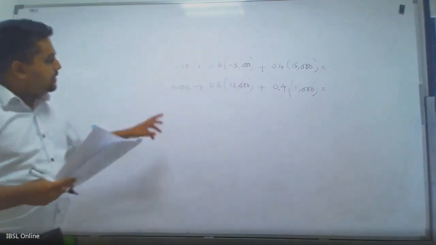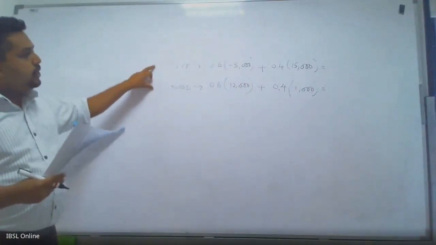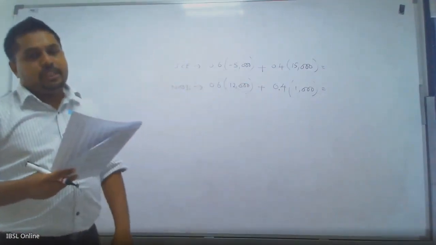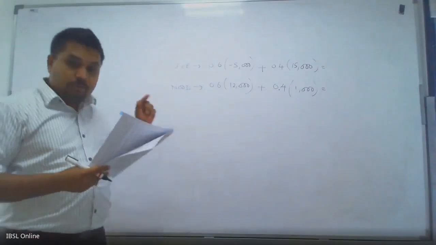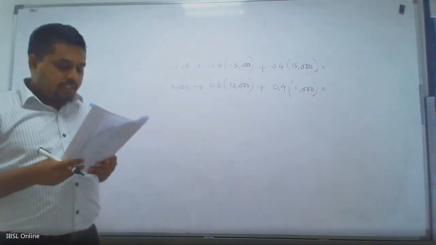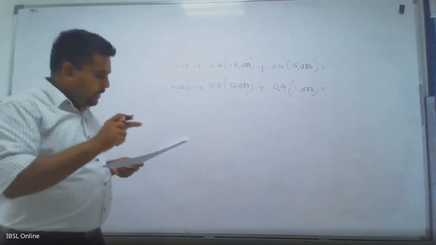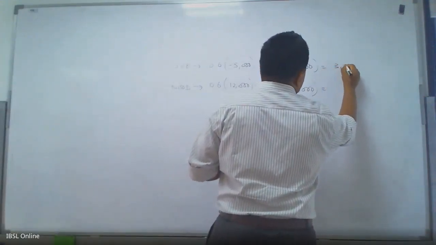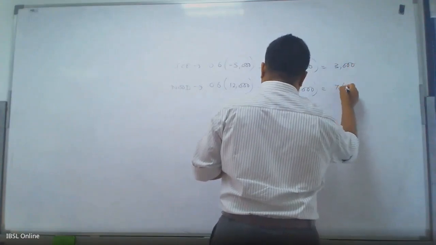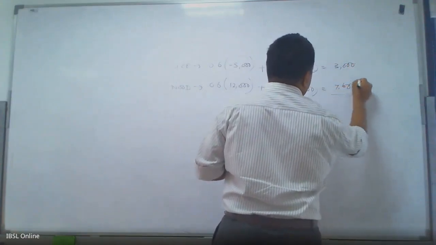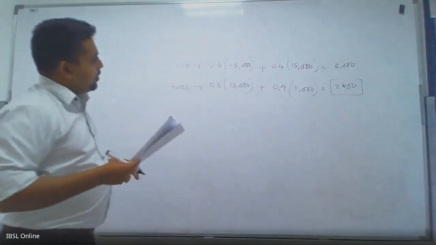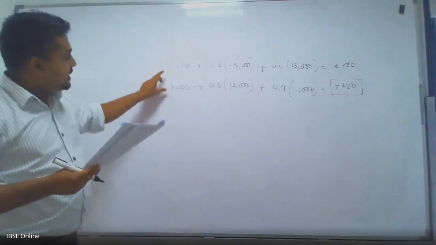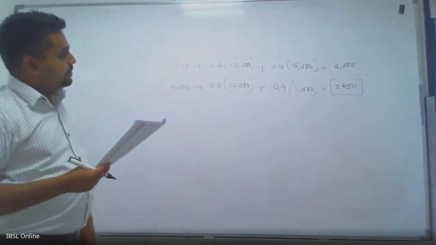So these are the values that you need to calculate to get the expected values under these two choices for this particular event of rain happening at 60%. If you calculate this, you will come up with a value of 3,000 here and 7,600 here. So it is obvious that you have to send the cup noodles van with a probability of 60% raining.